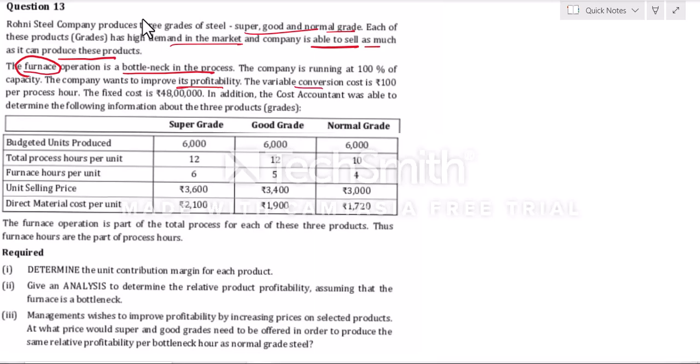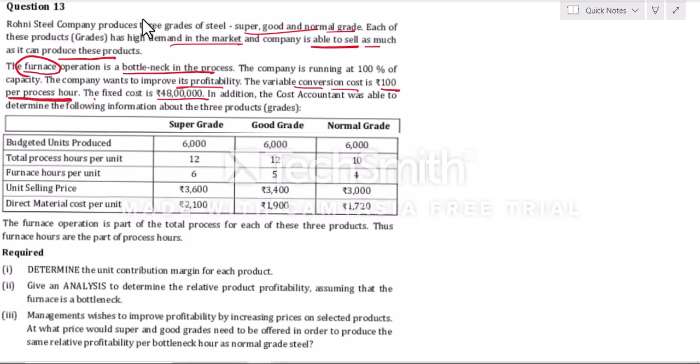The variable conversion cost is 100 per process hour. It is not 100 per unit, it is 100 per process hour. So in order to calculate the actual variable cost, we need to multiply this with processing hours per unit. The fixed cost is 48 lakhs.